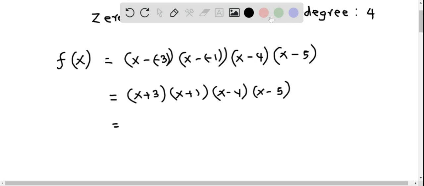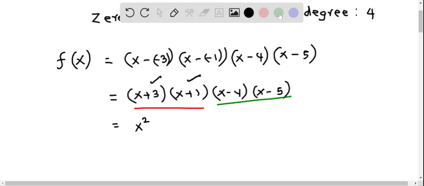So first I'm going to multiply these two factors and then these two factors. We can easily multiply by first writing the x squared term, because we have a product of a linear term and another linear term. So the coefficient of x in both the linear terms is 1, so therefore it's going to be x squared.